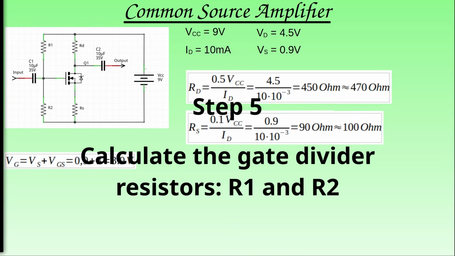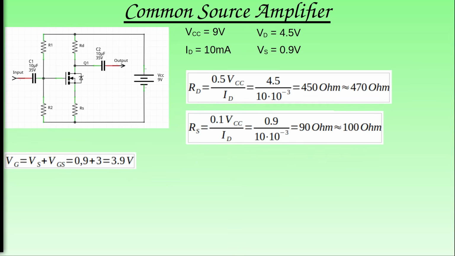Step 5 now. Calculate the gate divider resistors, which are the resistors R1 and R2. Because the gate draws zero current, we do not need to follow the 10 times rule we used for the BJT. We just need a small current flowing through these two resistors. However, do not make this current too small in order to prevent issues with current leaks and noise.